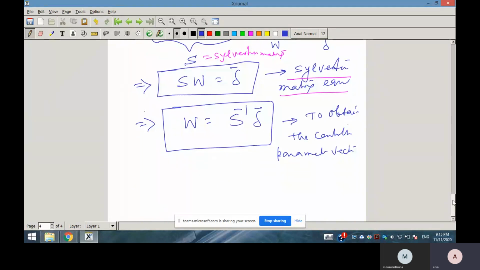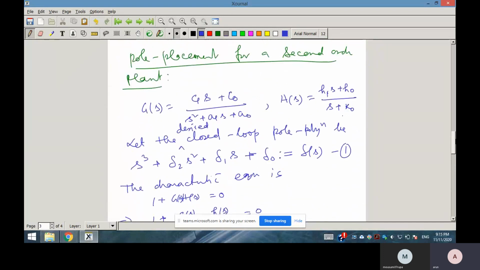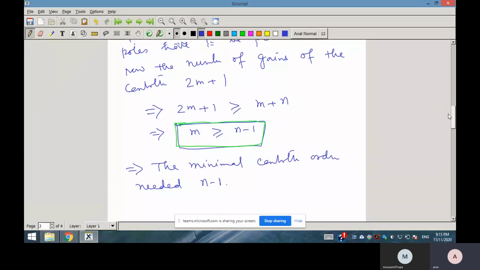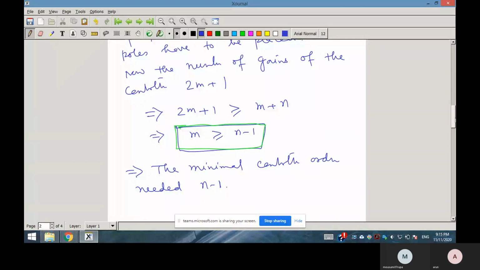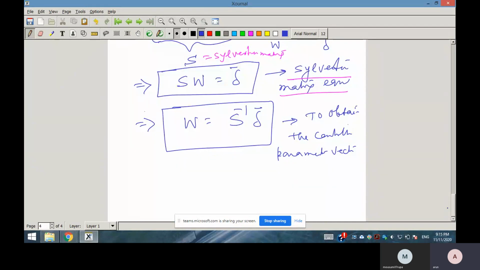For example, if you consider an nth order plant, for an nth order plant the controller order will be n minus 1. So if you consider that and follow this approach, then the general result can be written like this.